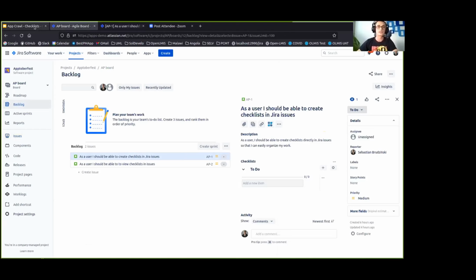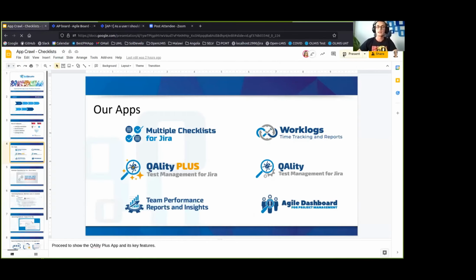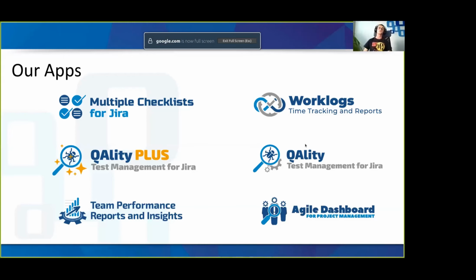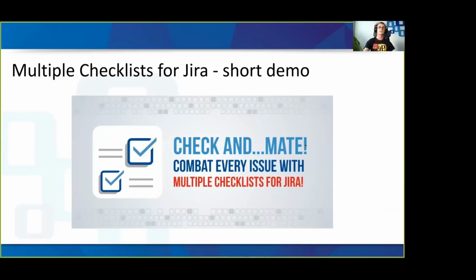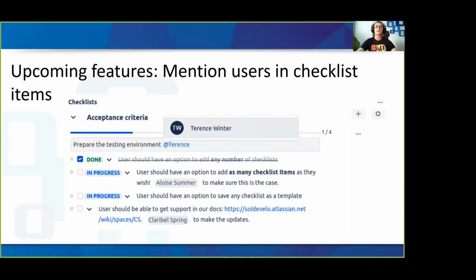Having shown that, I suppose we can move to the next topic for this webinar, which is supposed to talk about some of the most desired features that we are considering for Multiple Checklists for Jira.